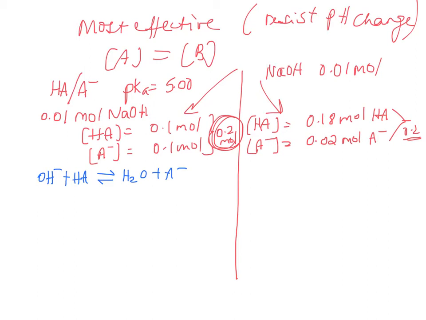And if somebody asks you to what extent would this reaction take place, you would say you only have 0.01 of the hydroxide, and so after the neutralization has occurred, since you originally had 0.1, what's going to remain is 0.1 minus 0.01, and for the A minus, since you started with 0.1, you're going to end up with 0.1 plus 0.01.